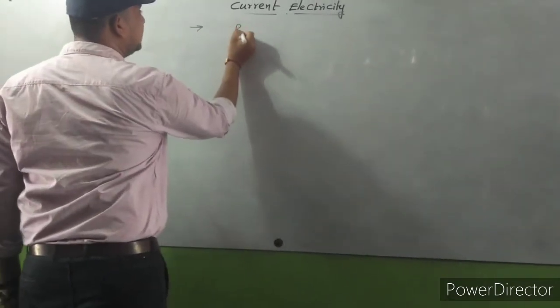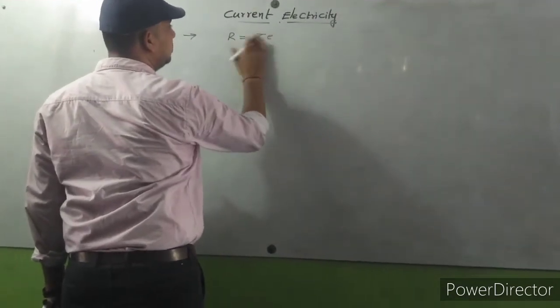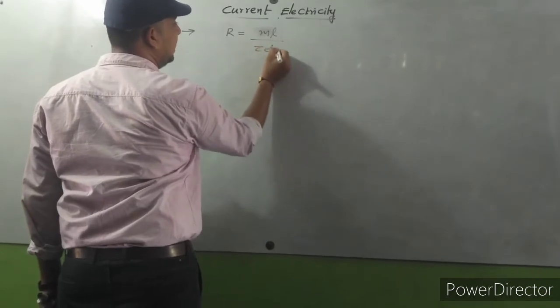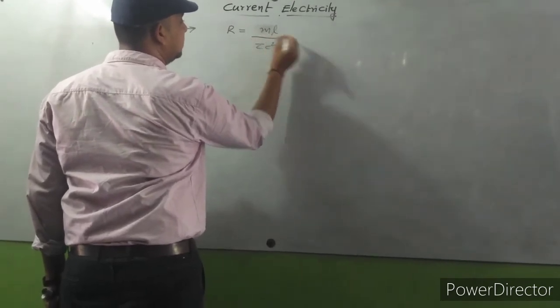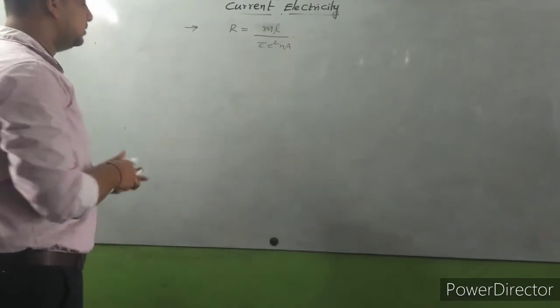You know that resistance is equal to m l by tau e square n a.